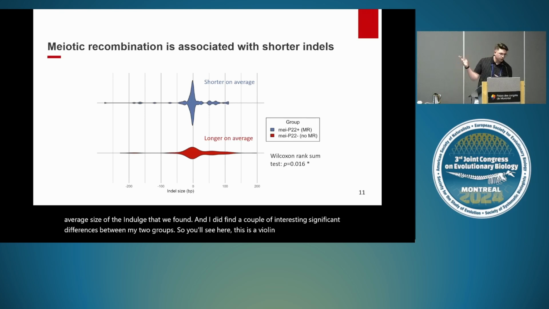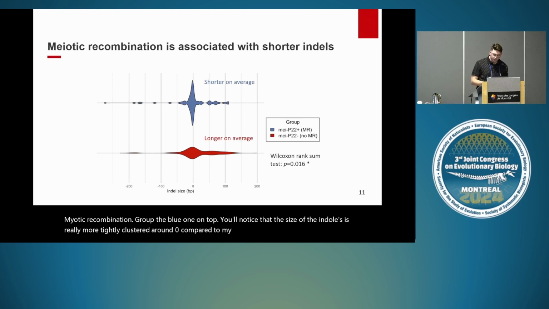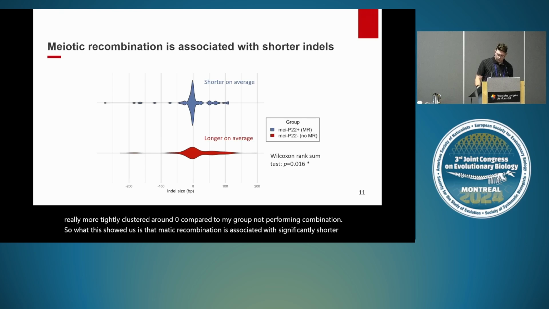It shows the distribution of the size of the indels. In my meiotic recombination group, the blue one on top, you'll notice that the size of the indels is more tightly clustered around 0 compared to my group not performing meiotic recombination. So what this showed us is that meiotic recombination is associated with significantly shorter indels.